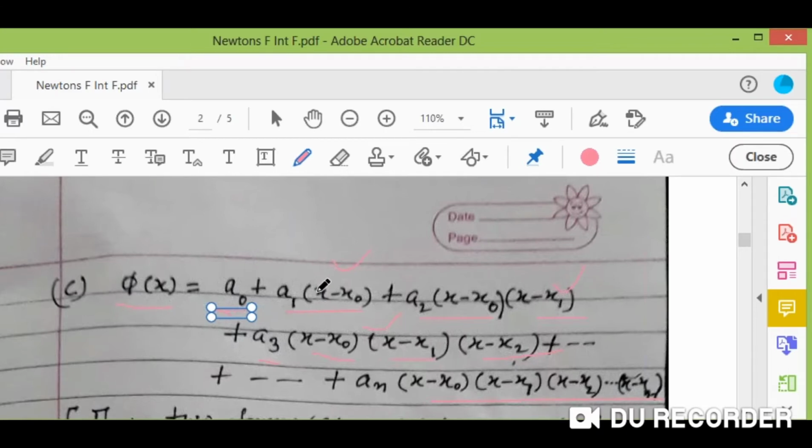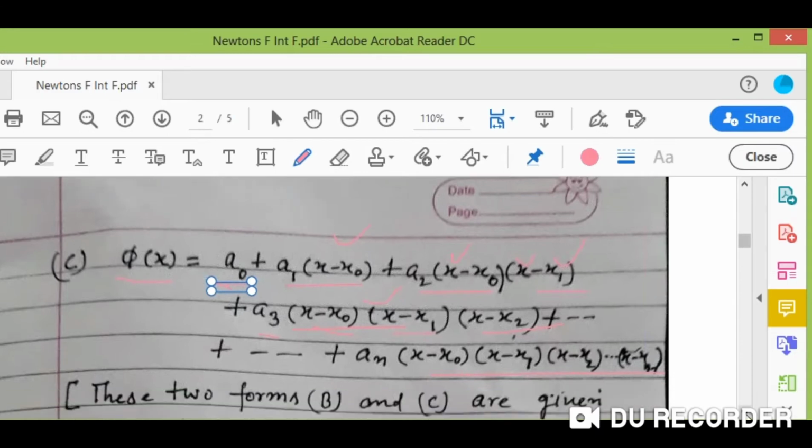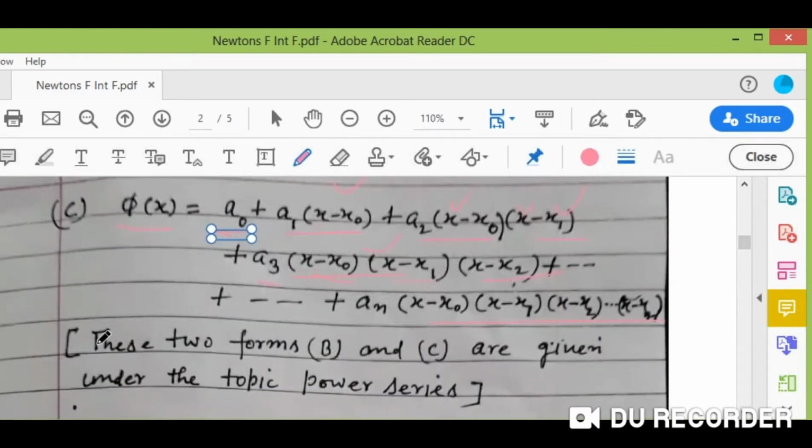So what you are getting here is x, and you get x square if you multiply, along with constant values and some powers of x. If you ultimately simplify, this will also remain degree n. There is not any problem in the degree. Degree is n.